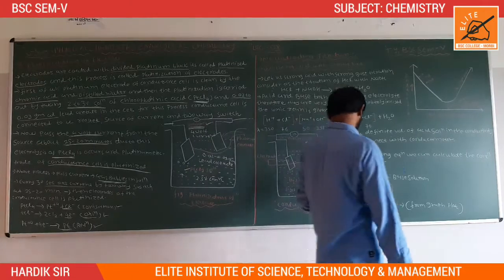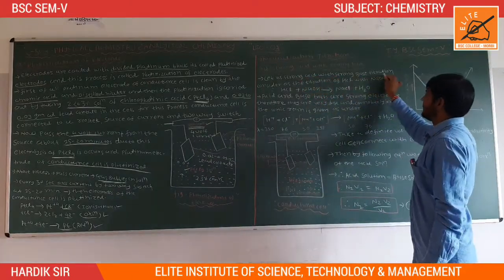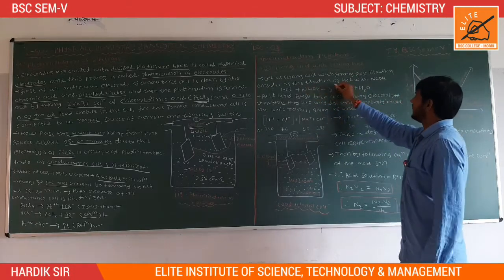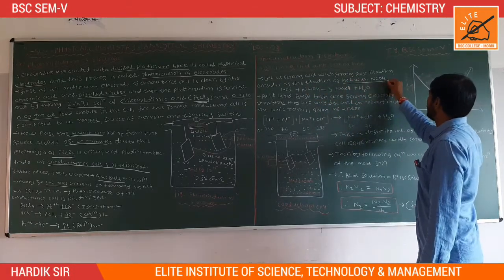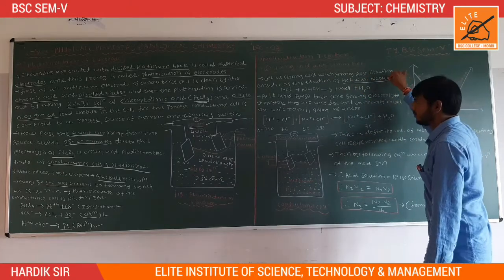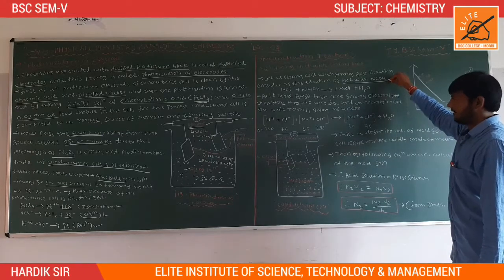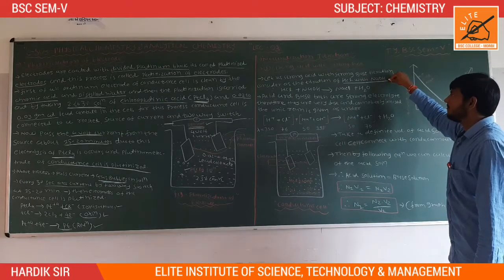First of all, the strong acid with strong base titration is considered as the titration of HCl with NaOH. HCl means hydrochloric acid and NaOH means sodium hydroxide. HCl is a strong acid and NaOH is a strong base.